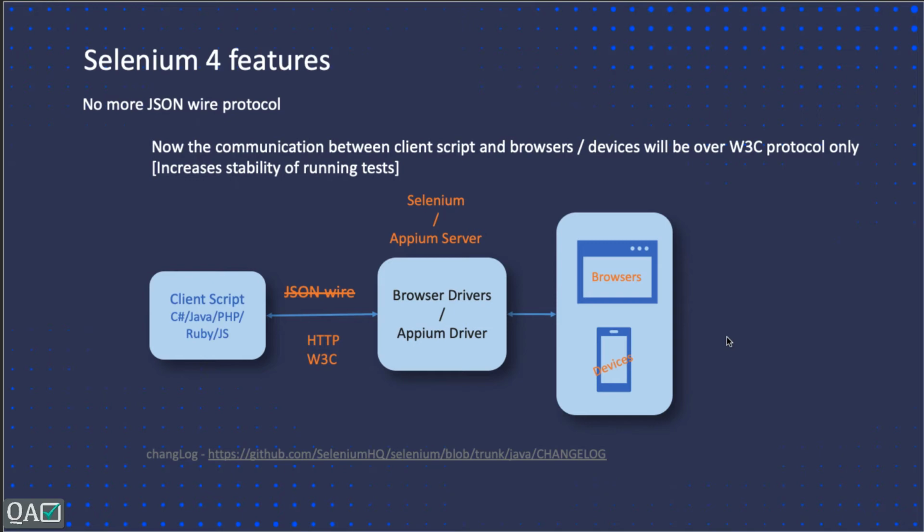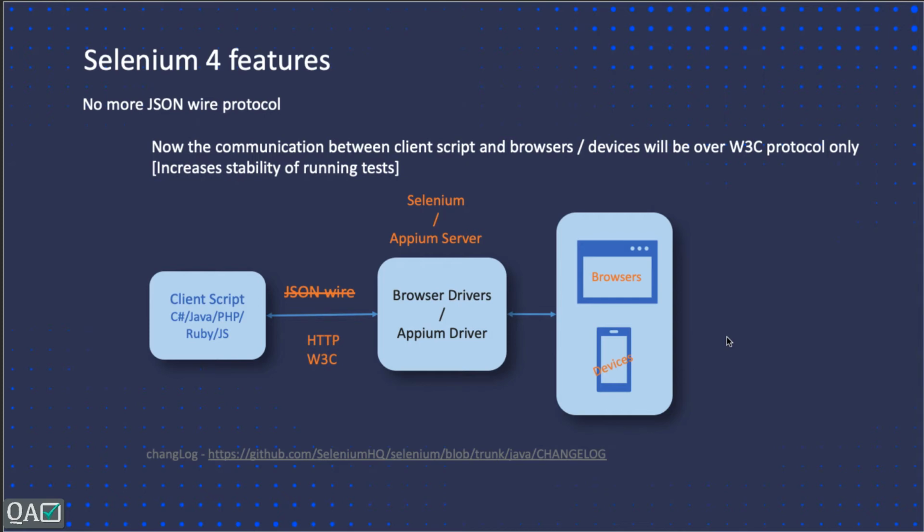The browser driver in turn will send that request to the browser so that the browser can perform a certain action and return a particular response. That response will not come directly to you, but will again be decoded by the JSON wire protocol.